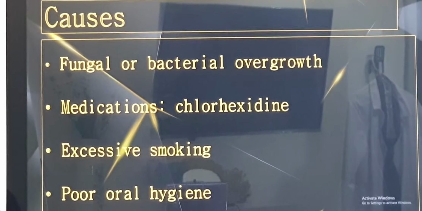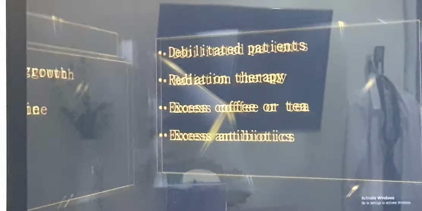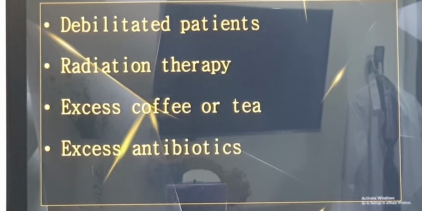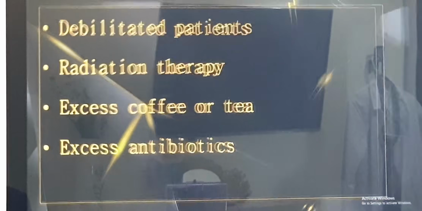Others are excess smoking, poor oral hygiene, debilitated patients, those undergoing radiotherapy, those who drink excess coffee or tea, and excess antibiotic usage. These are the common offending agents which can lead to formation of hairy tongue.